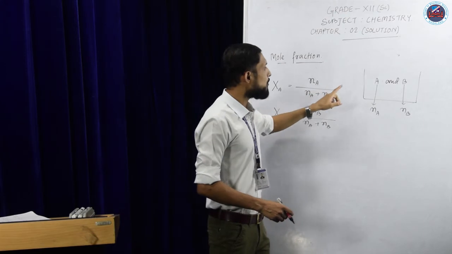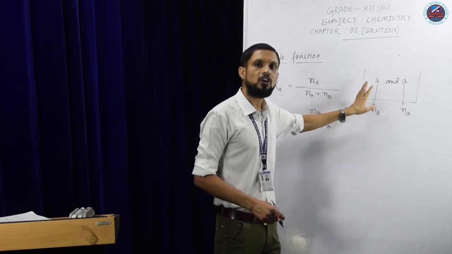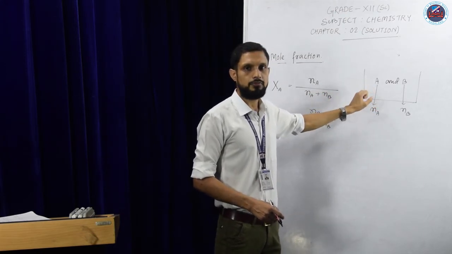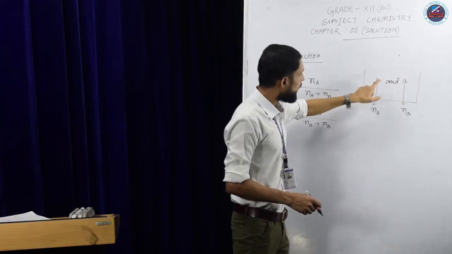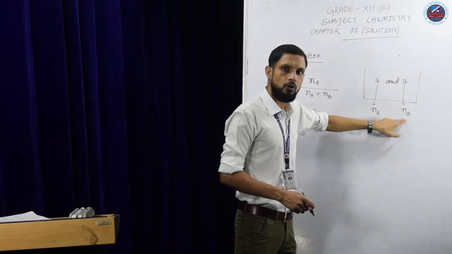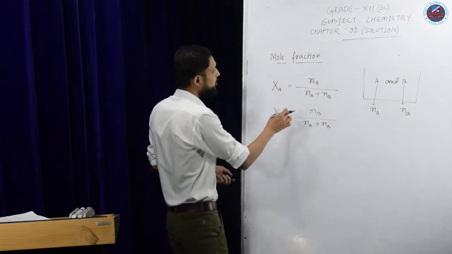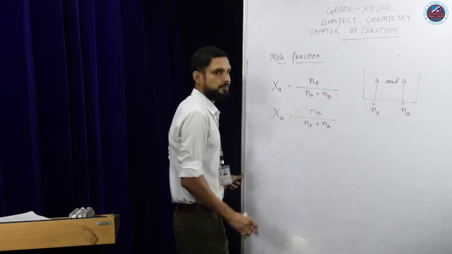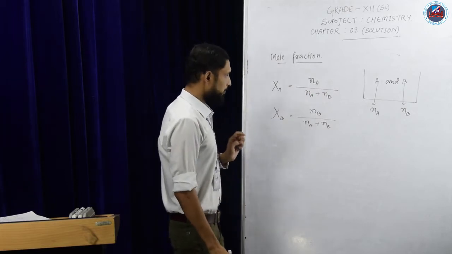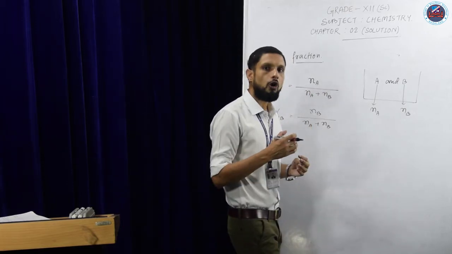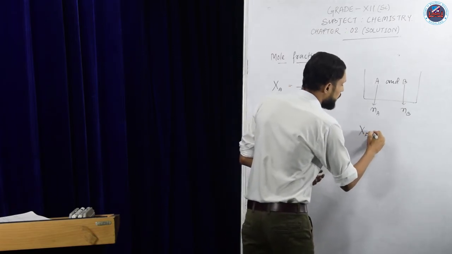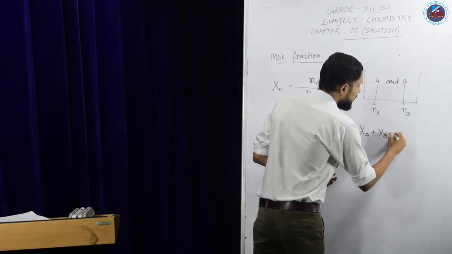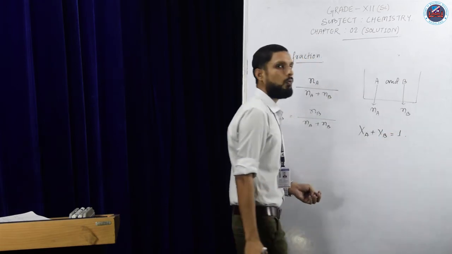That means the sum of the number of moles of all the components present in the solution. Now here, since you have only two components, A with nA and B with nB moles, the total number of moles is nA plus nB. Now always remember this, if you have a two component system, the sum of the mole fractions of the two components is always equal to 1.